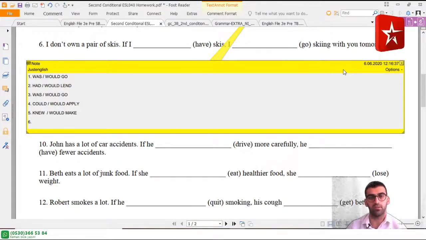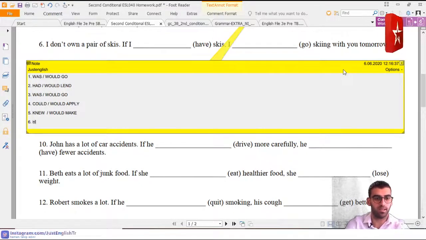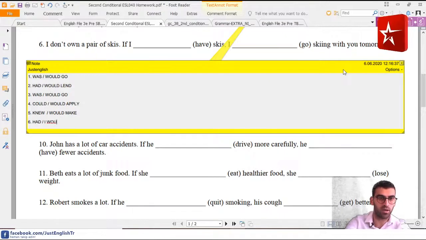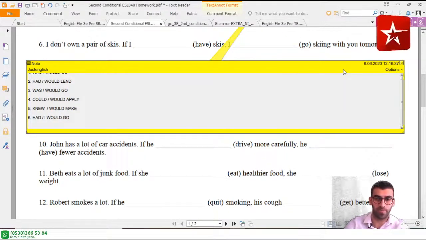As you know, we have to use the past simple in the if side and would plus the first form of the verb in the main clause. So the question number 6, I don't own a pair of skis, if I had, yes, that is the correct answer. If I had the skis, I'd go skiing with you tomorrow.